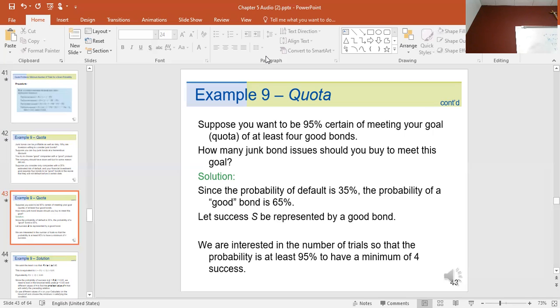So what is N? So that the probability that X is less than or equal to 3 is less than or equal to 0.05. So this is how you transform the quota problem to get an answer.